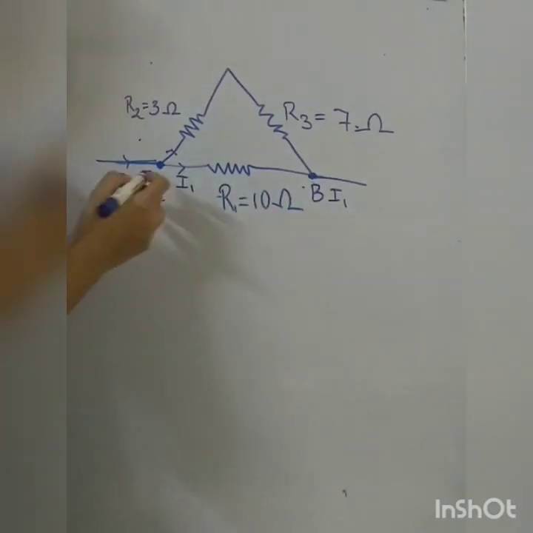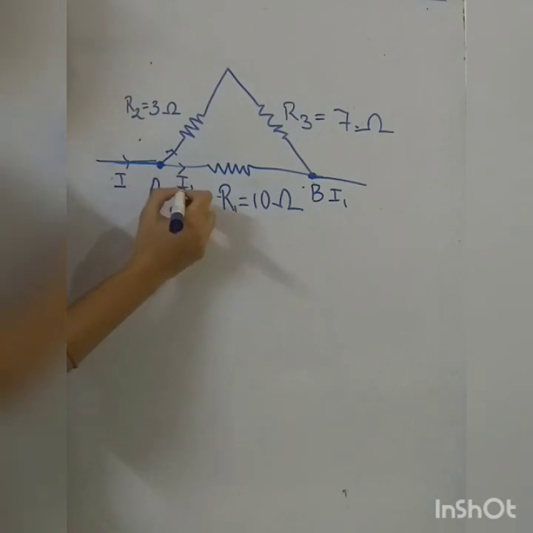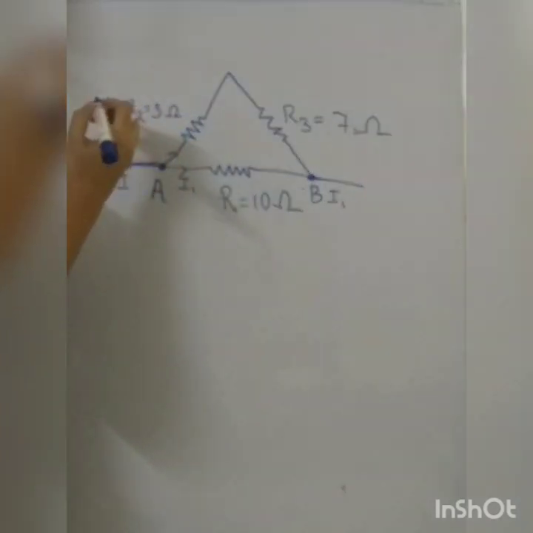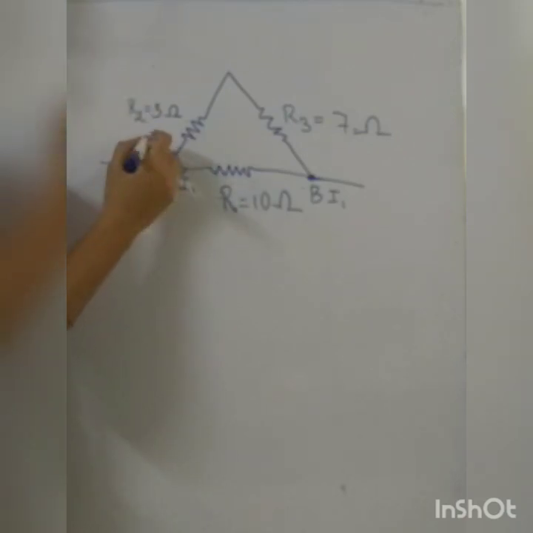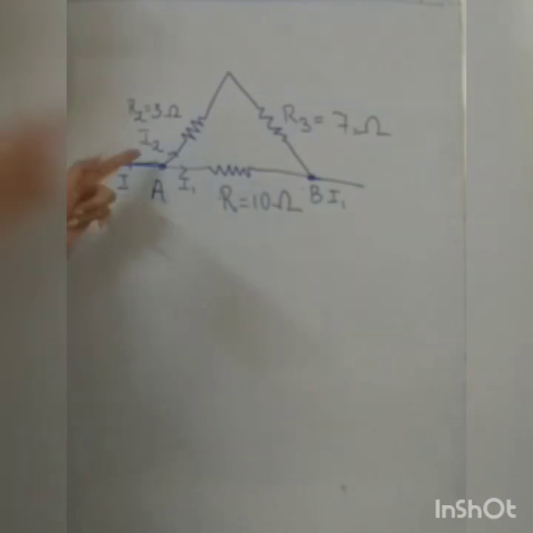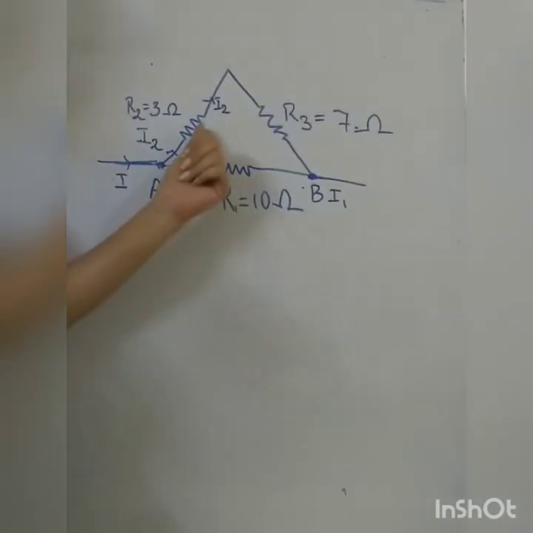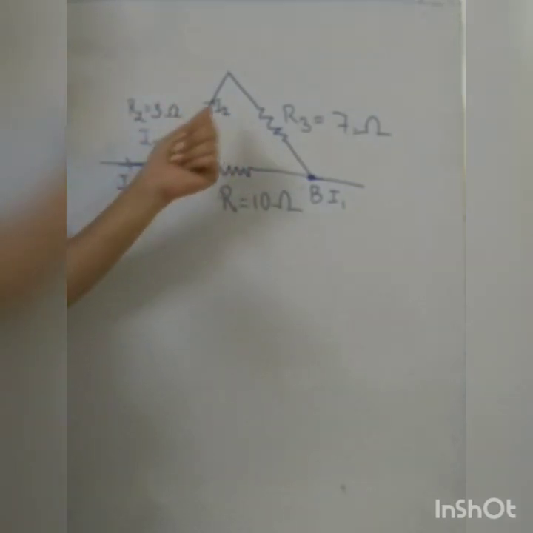So we will come back again at point A. From point A, I1 part we have done. So we will see the next part of the current, that is your I2 current. Your I2 current is flowing through R2 and it is coming out.